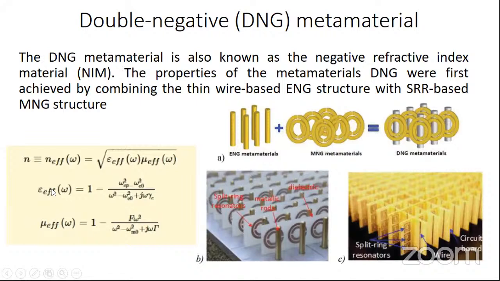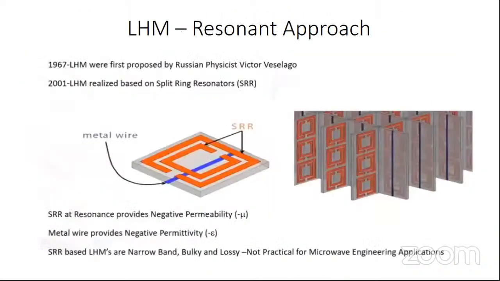The negative refractive index formula is given here, and the permittivity and permeability formulas are also given. These are the formulas we will be using in the design part in HFSS. There are two approaches to realize metamaterials, or left-handed medium materials.